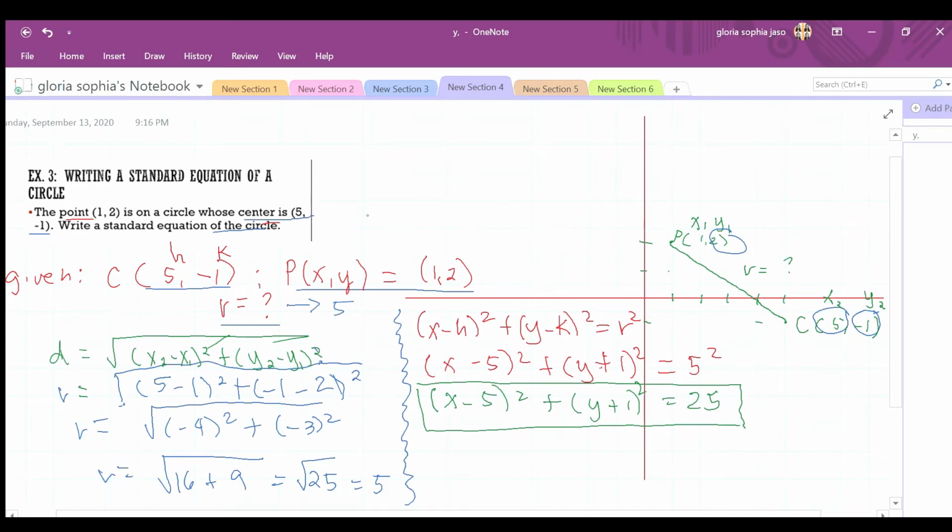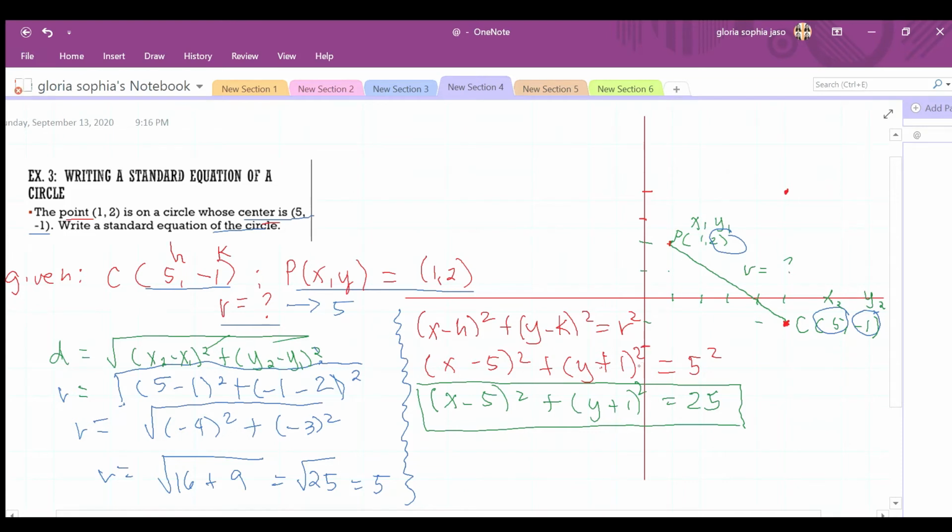So, for our graph naman, okay, ito yung center natin, at ito is any point. So, from the center, we will just move 5 units upward. Ayan. So, from negative 1, 1, 2, 3, 4, 5. Tapos, from here, so yung y natin na negative 1, mag-move tayo ng downward.